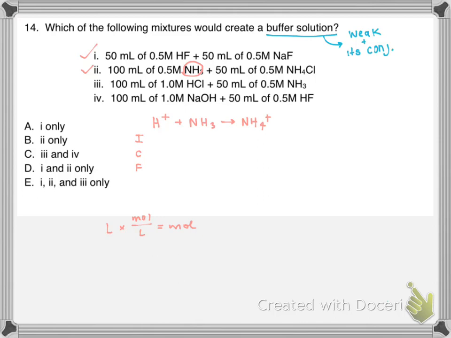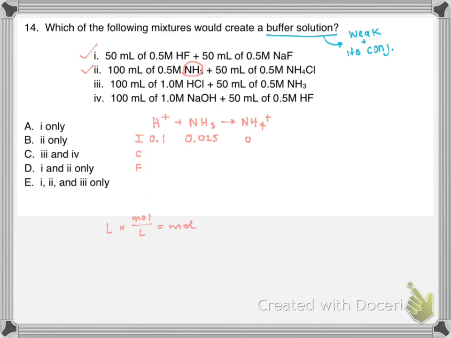Okay, and so then when I calculate the moles, I'll end up with 0.1 moles protons and 0.025 moles NH3. We're not starting with any of that.